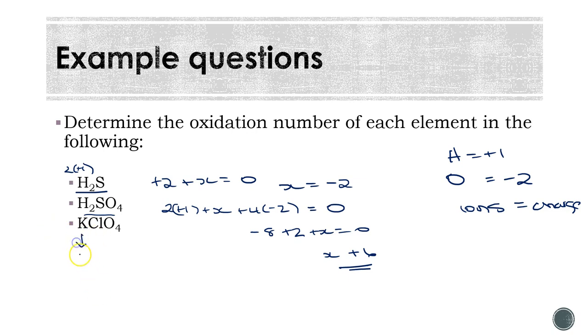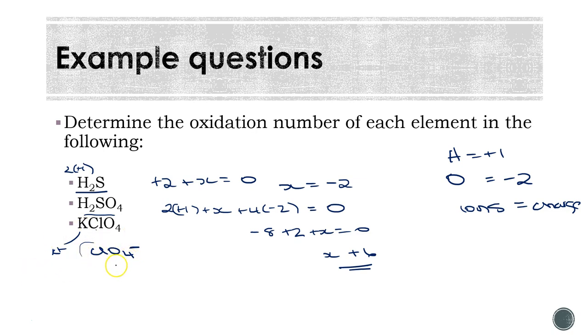For KClO4, again, I know that potassium is going to be +1. In this case, I can't assume that the chlorine is going to be -1, because actually what we have here is K+, and then we have the perchlorate anion, which is -1. So I need this ClO4 to add up to -1.